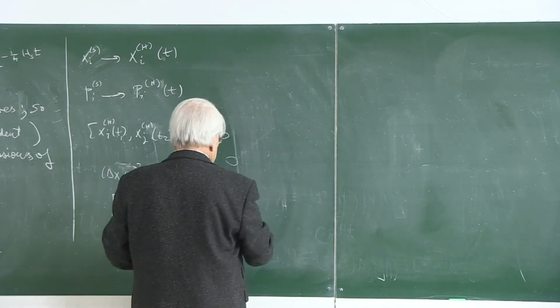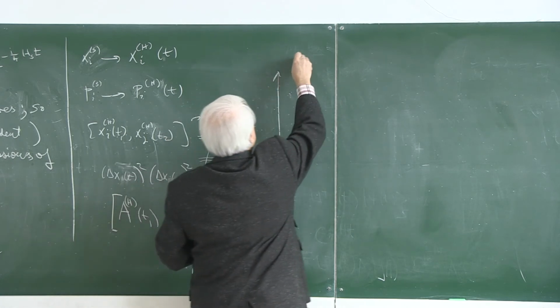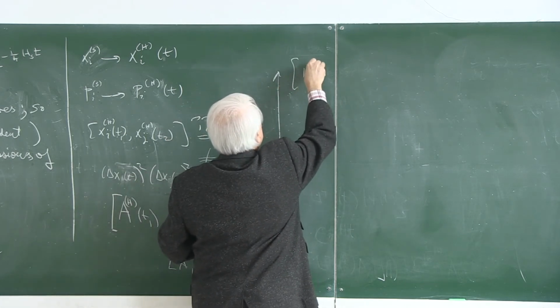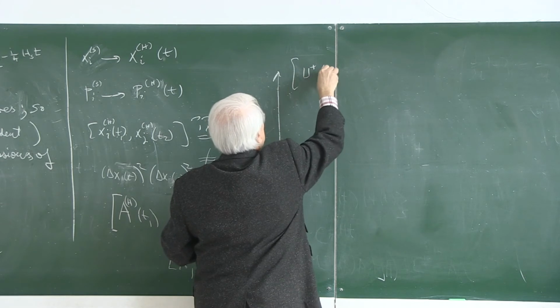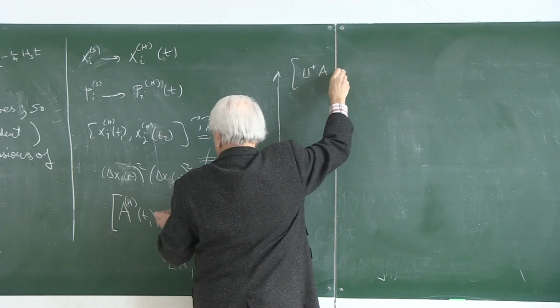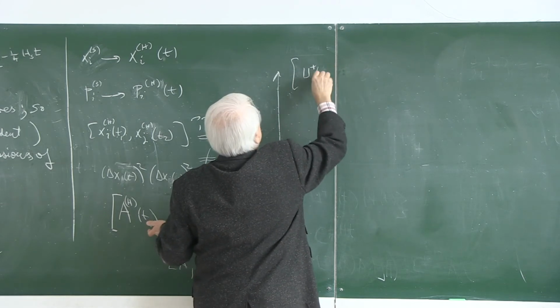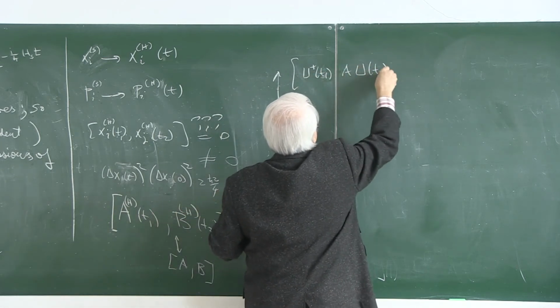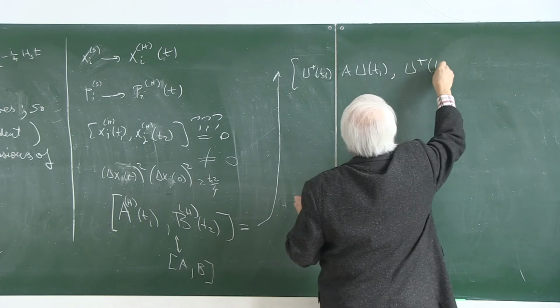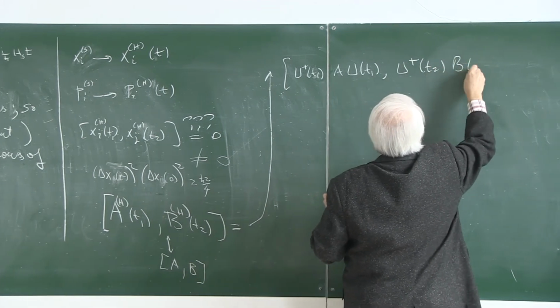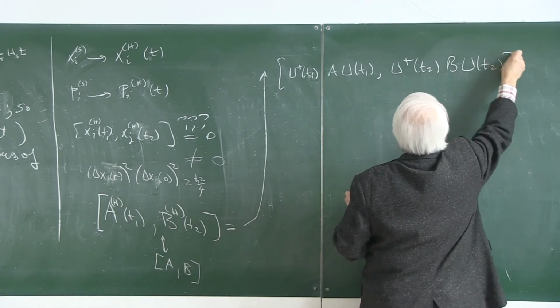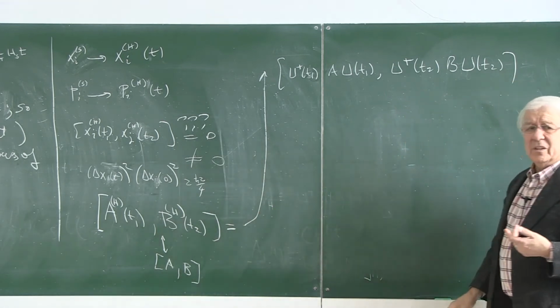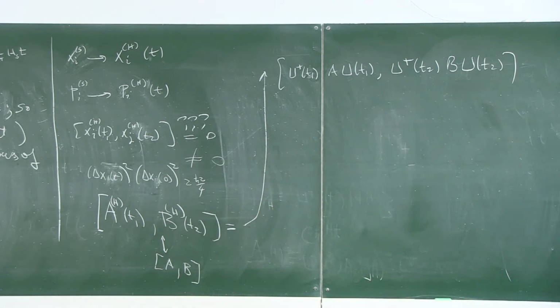If you take this commutator, it is, in the notation that we have developed, U dagger of T1 A U of T1, U dagger of T2 B U of T2, right? That's the definition of that ugly commutator that I have written there. What is the commutator?